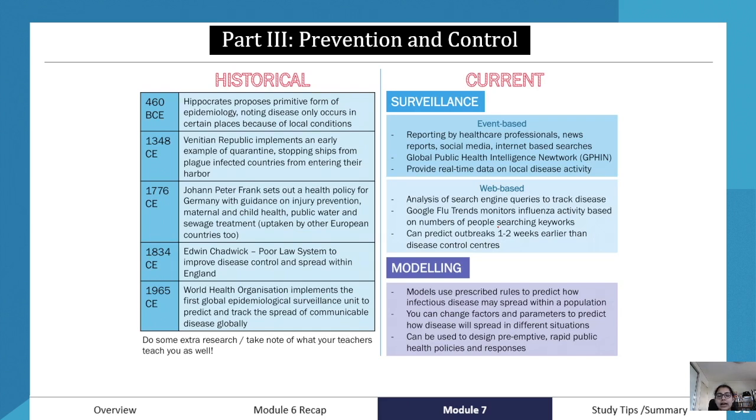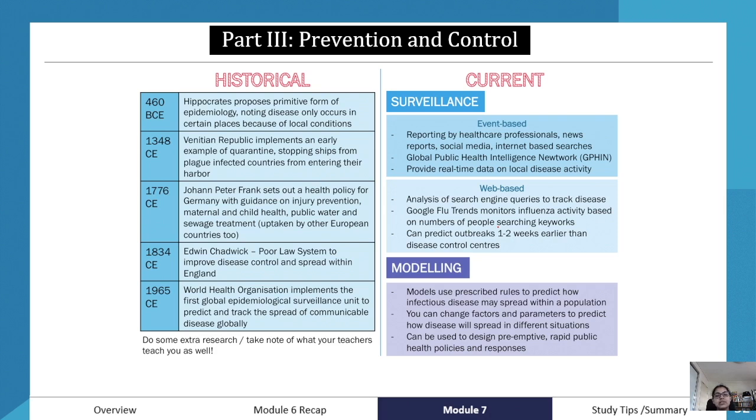Here is some info on the historical pathway of looking at infectious diseases and information surrounding them. We start off with Hippocrates, very famous, known as the god of modern science.